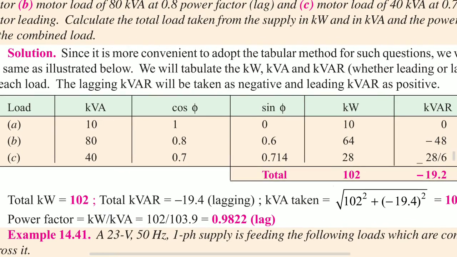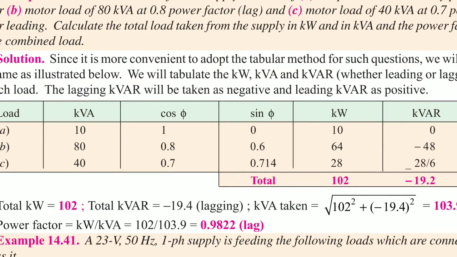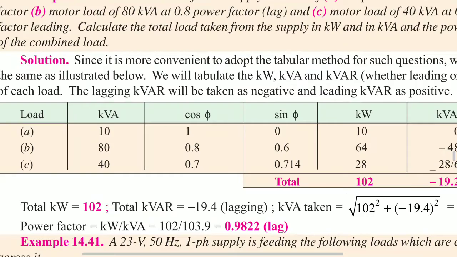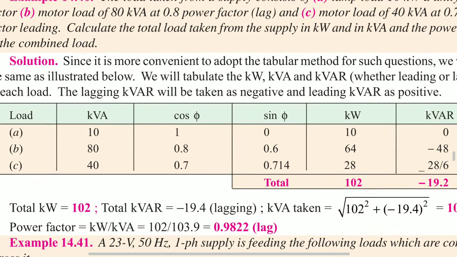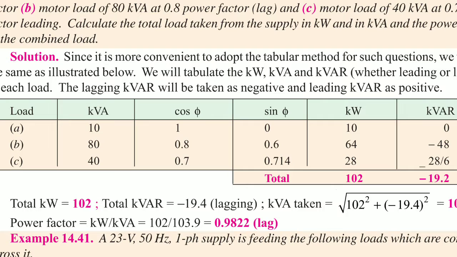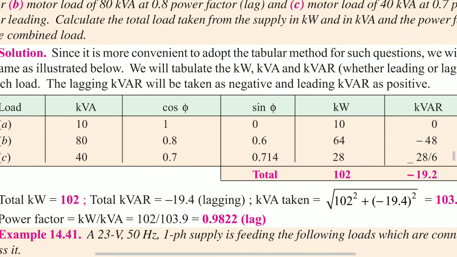Now C is a motor load of 40 kVA, 0.7 power factor leading. So kVA is 40 kVA, cos phi is 0.7, leading. What about sin phi? Sin phi is 0.714.